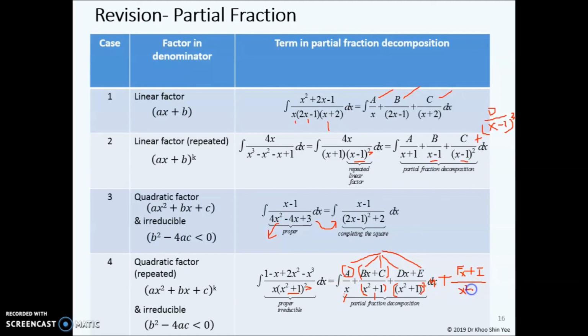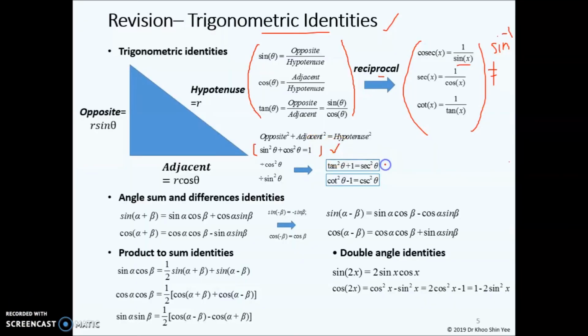So you have x squared plus 1 here to the power of 3. So these three identities, make sure you're familiar with them.